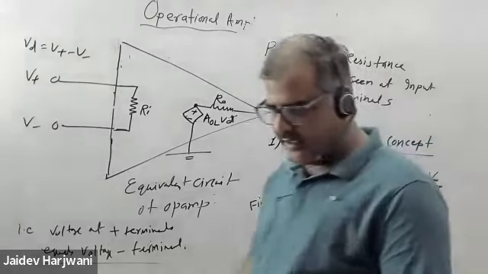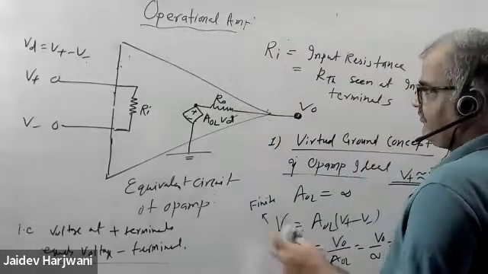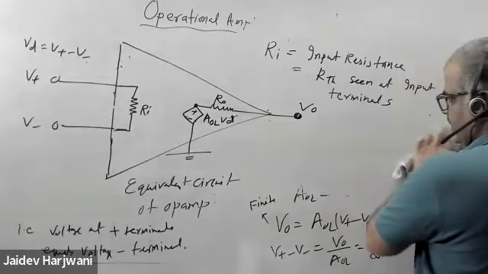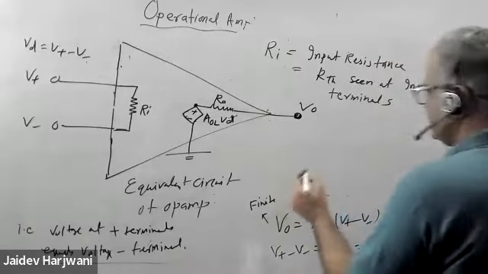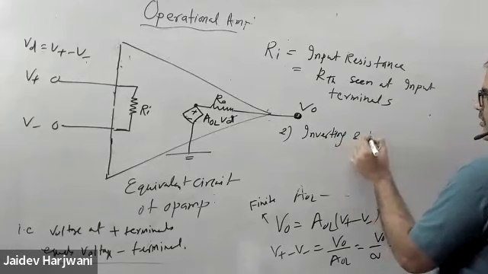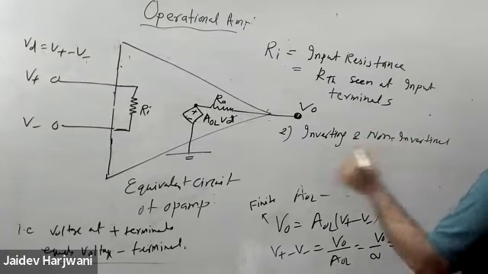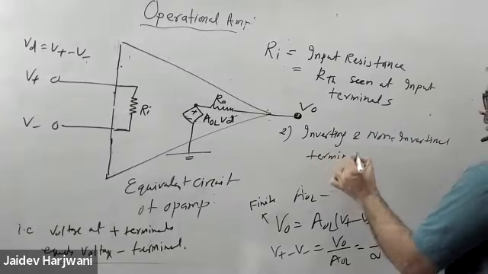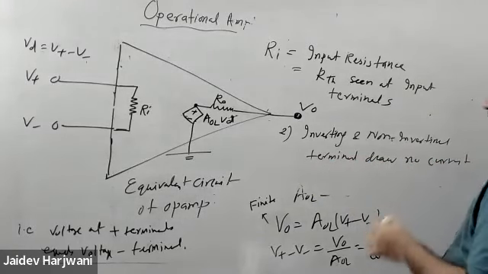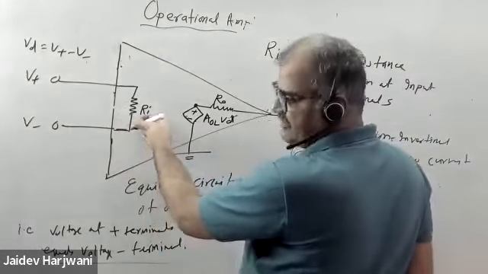Now the second property: if Ri is infinite, both the inverting and non-inverting terminals draw no current. These terminals will not draw any current because the input resistance is infinite.